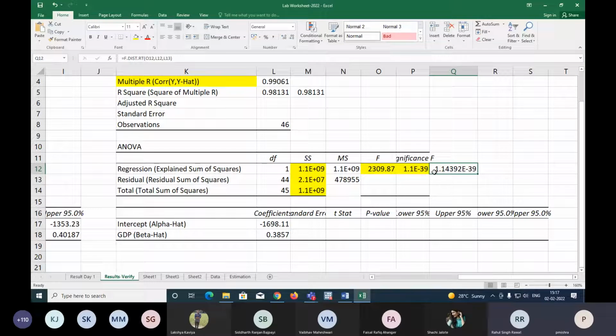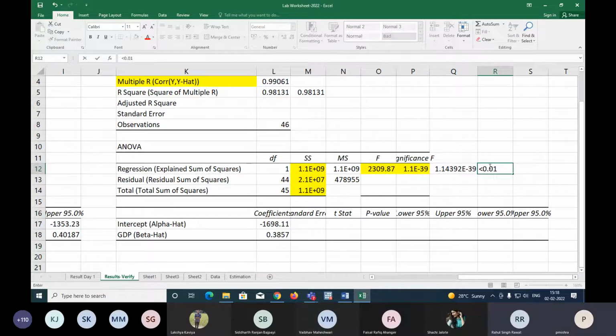We conclude on the testing of hypothesis based on this significance level, which represents type 1 error. What you can see from this value is that it is very close to 0. It is much less than 0.01.